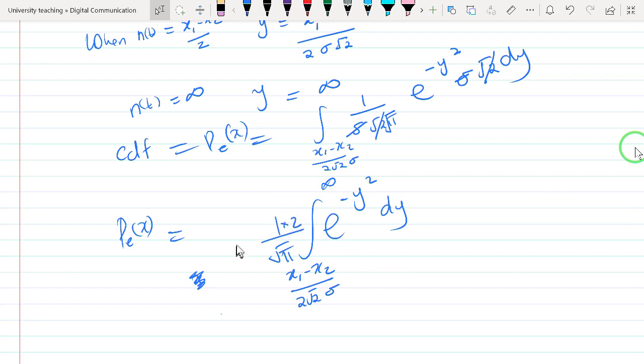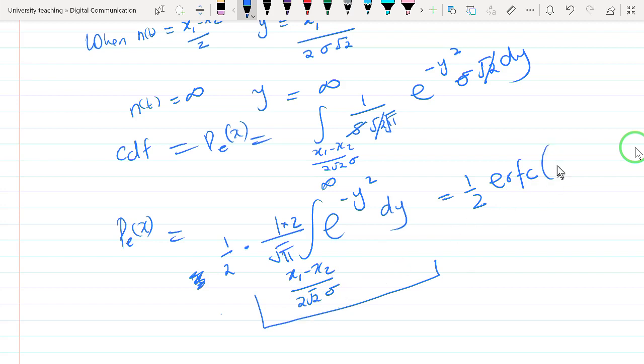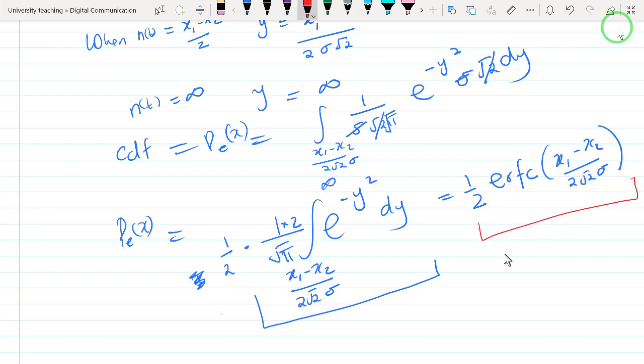This integral is known as the complementary error function, and we can now say that this is going to be 1 over 2, this half, then ERFC, and the argument of the error function is this lower limit here, and therefore we are saying x1 minus x2 divided by 2 root 2 sigma. And this now is our expression for probability of error.